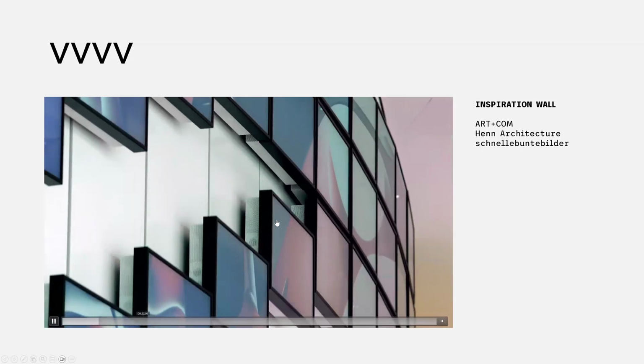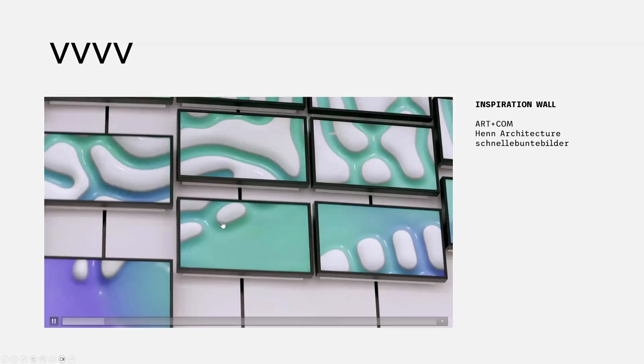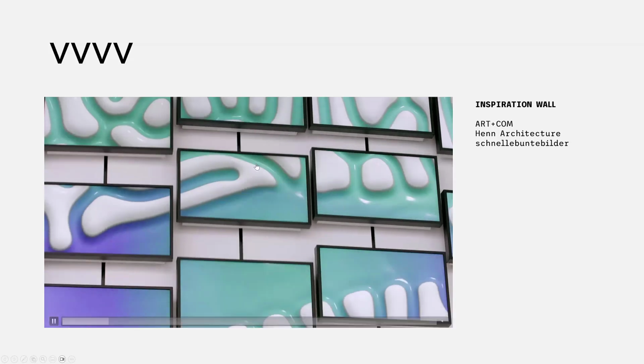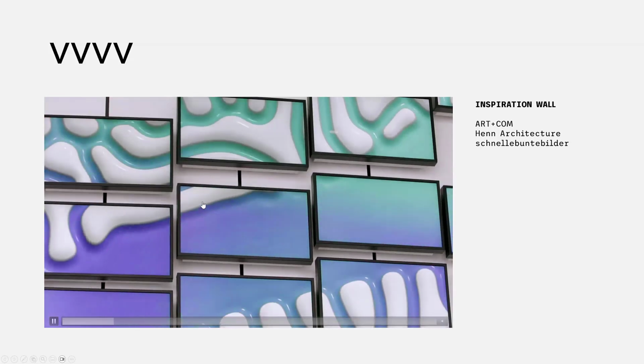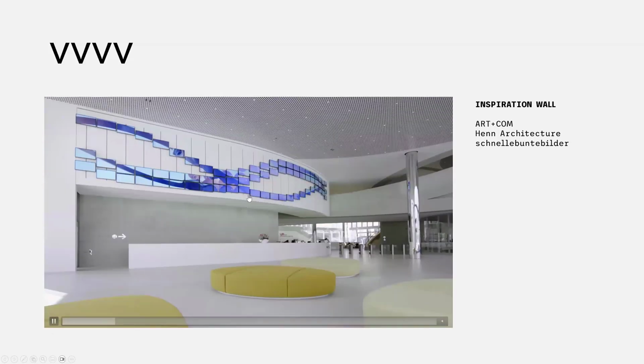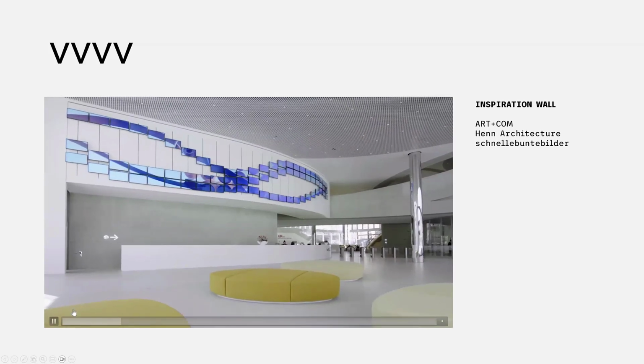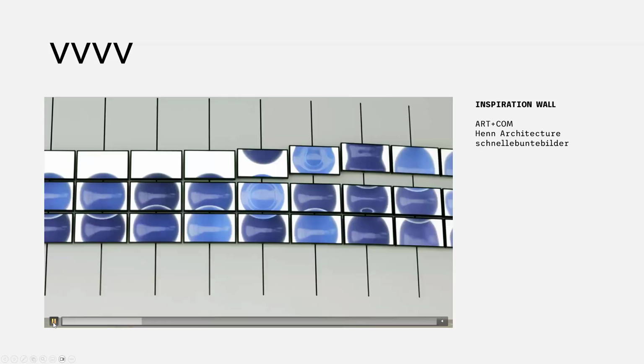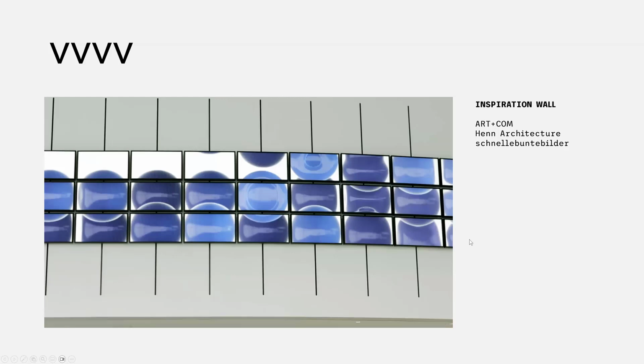You also see these motor controlled screens that are completely controlled by VVVV, and the visuals as well. So you don't have only a visual tool, you can also control the physical world. Just some nice projects where you see most of this combined.